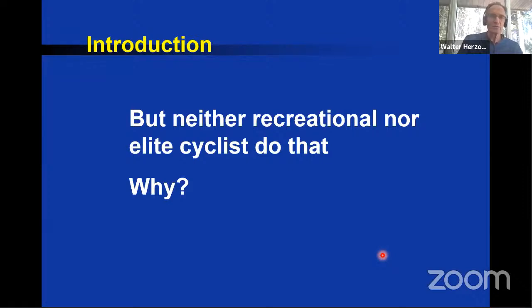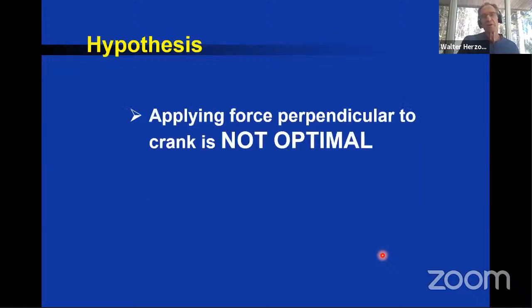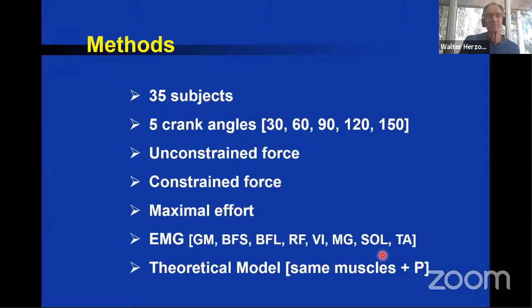Because purely from an engineering point of view, it's quite clear that you would like to always push perpendicular to the crank and not at some angle. And we hypothesized then that maybe applying force perpendicular to the crank might not necessarily be optimal from a biomechanical point of view, although from a mechanical point of view, you could argue it is. And why would that be?